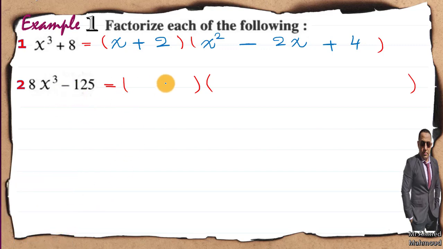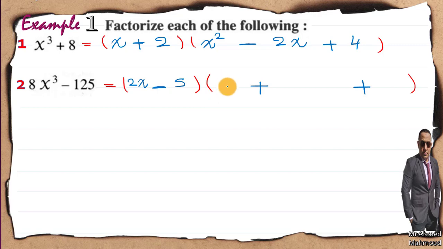Here the sign is minus, so this is same as the original sign, and this is opposite to the original sign, and this is always positive. Okay, cubic root first. Cubic root 8 equals 2. Cubic root x power of 3 equal x. Cubic root 125 equals 5.